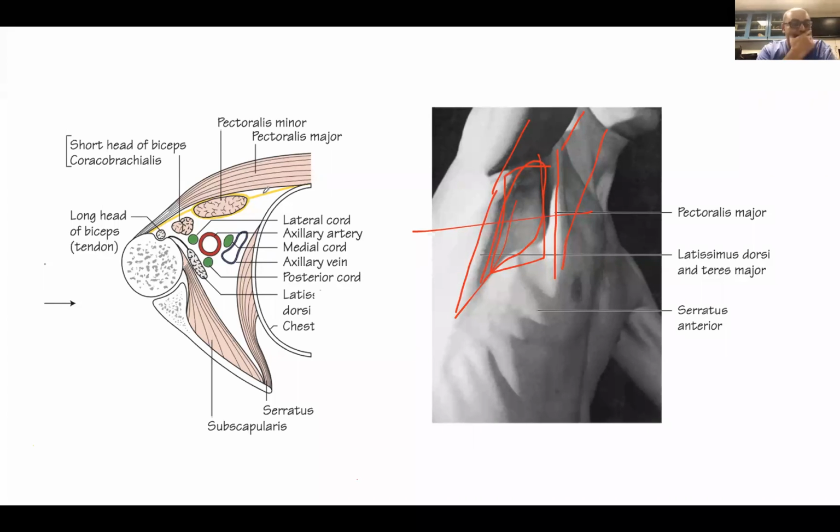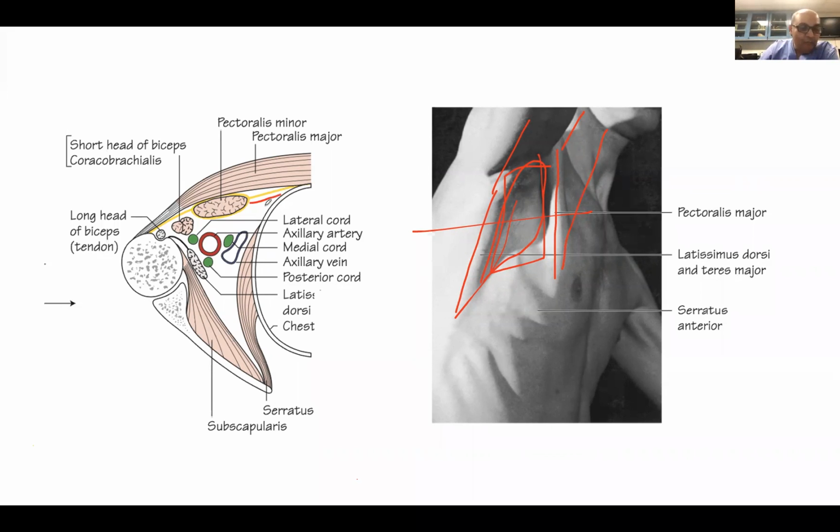No, it's not fat. No, it's not axillary artery. I'm asking about this yellow thing. No, I need a name for that. I want to see how smart you are.